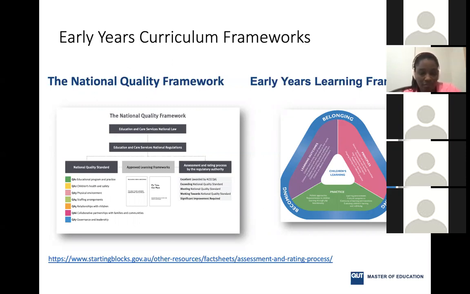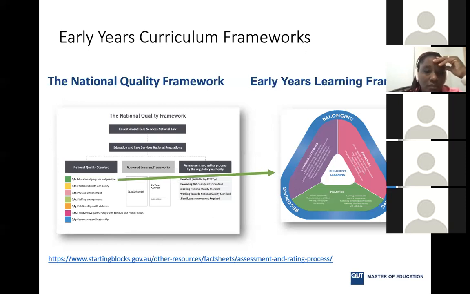Fundamental to the National Quality Framework under Quality Area 1 is the Early Years Learning Framework. This is our curriculum framework, and it's a view of children's lives characterized by belonging, being and becoming. We're going to explore what that is in later weeks. From birth, children are connected to family, community, culture and place.